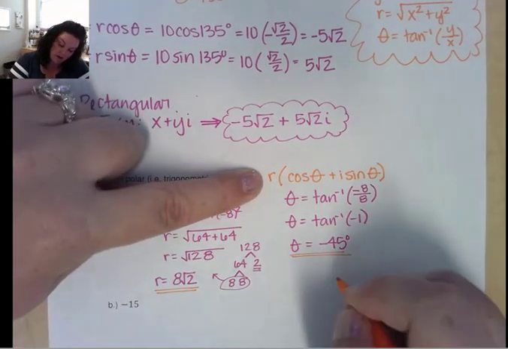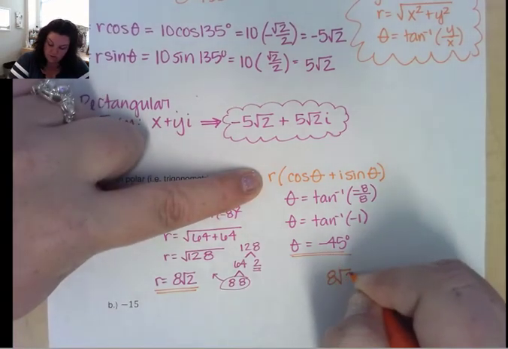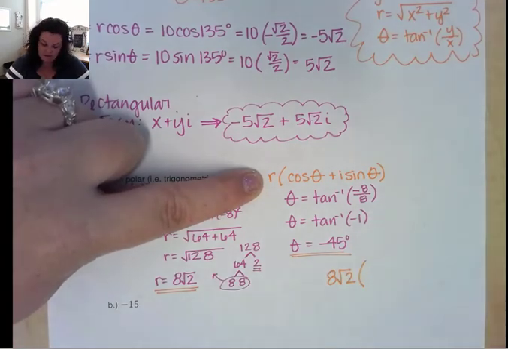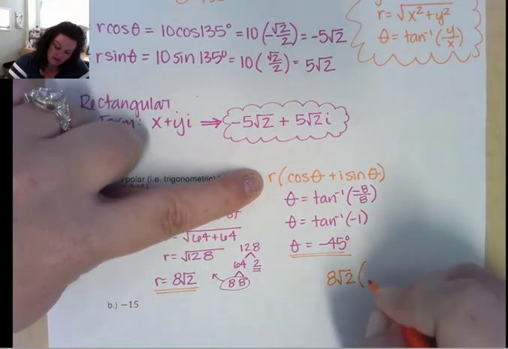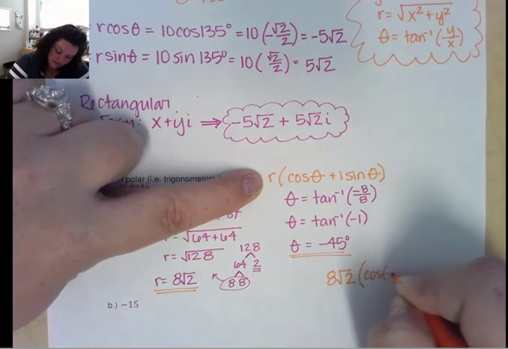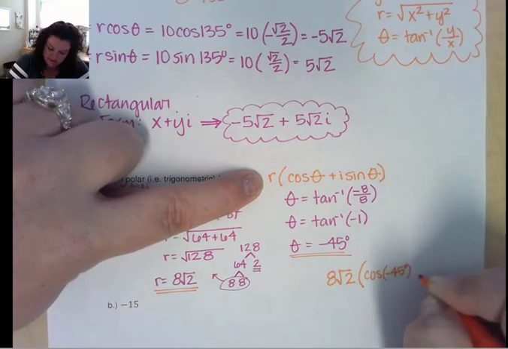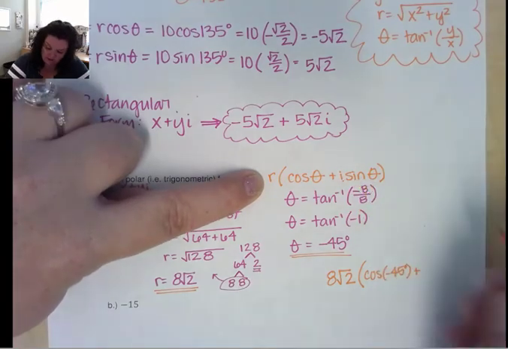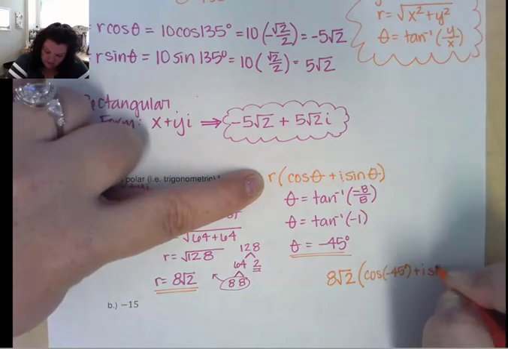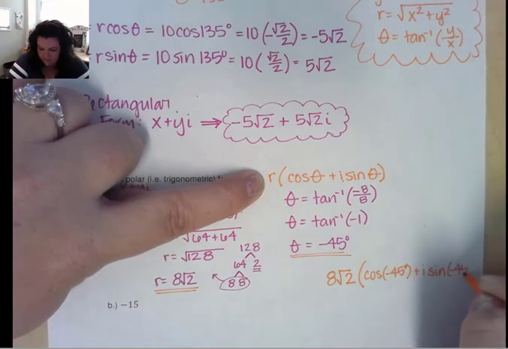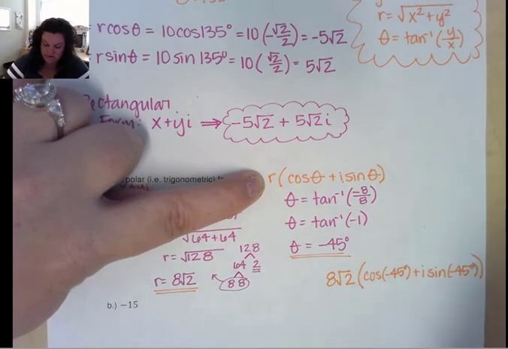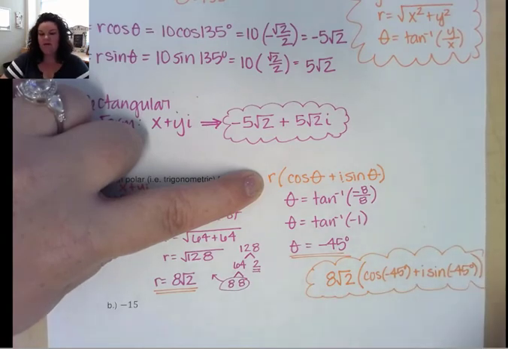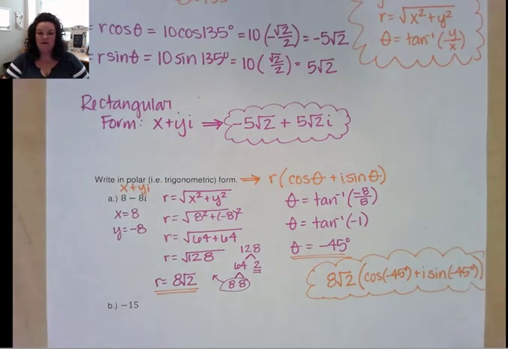My r is 8 square root of 2, factored out, and we do cosine of negative 45 degrees plus i times the sine of negative 45 degrees. And that is our answer. That's how we leave it in polar coordinates.